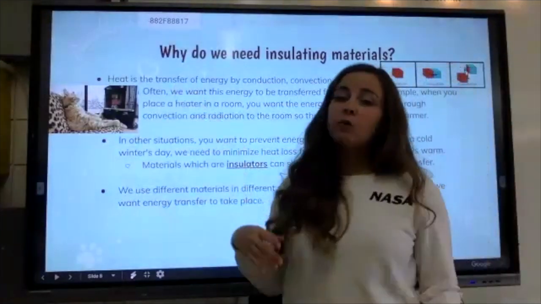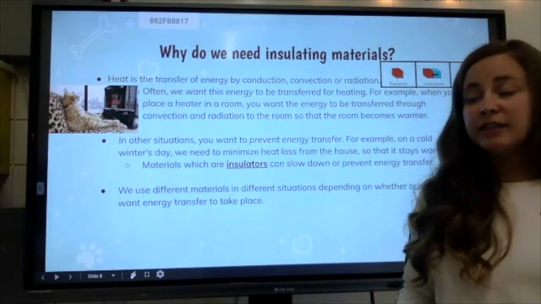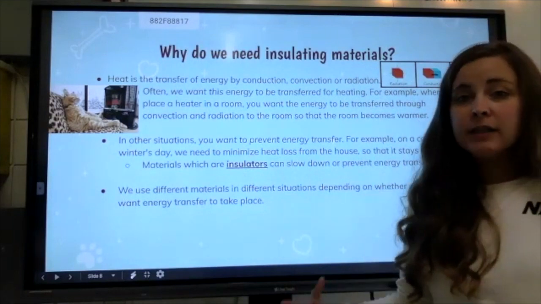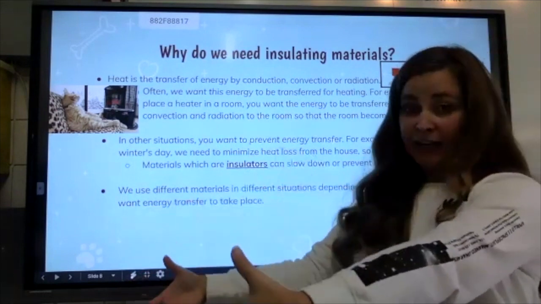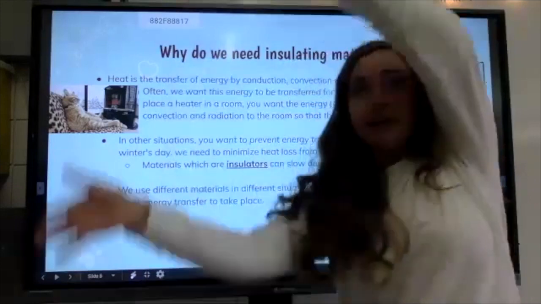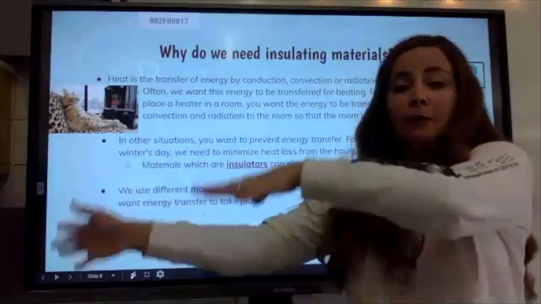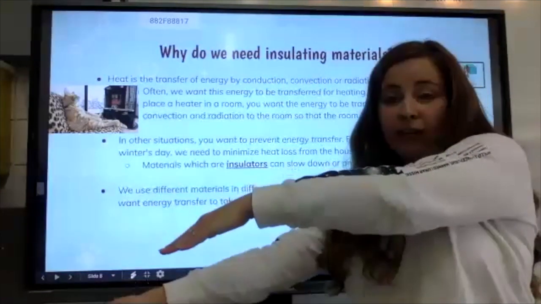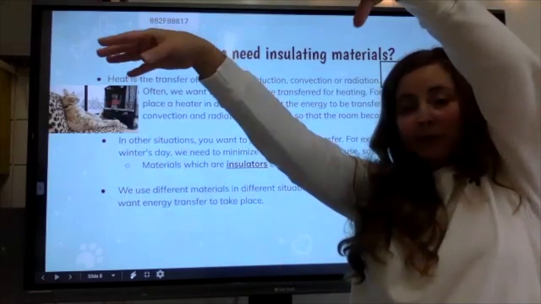And often we want the energy to be transferred for heating. For example, when it's cold outside and you want to heat a room, you want the heat from the heater to radiate from the heater and then take the convection current and spread the heat around the room. So as it heats up on the heater, the heat will rise as it becomes less dense.